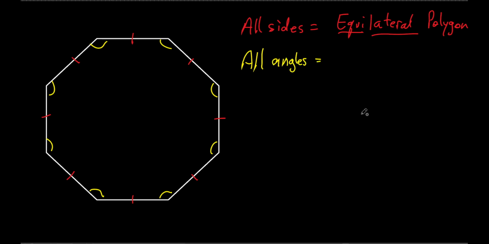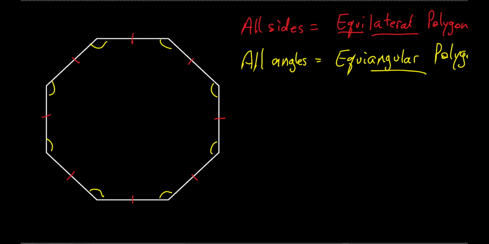We have a name for that. So how do you think it's going to start? Equa. And we're talking about the angles this time, so they use the word angular. So we call that an equiangular polygon. If you only knew that all the angles, all the yellow stuff, was equal to each other, then that's an equiangular polygon. And these are words that they're going to refer to, and you got to know what they mean. So that's why we're talking about it.